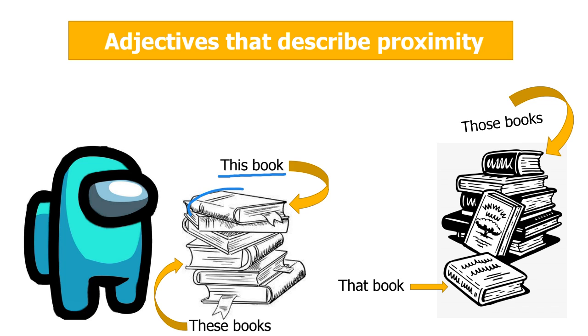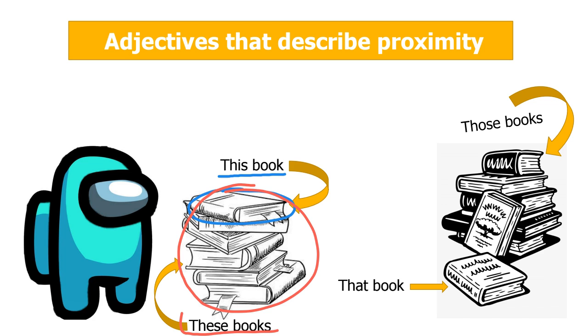If I wanted to specifically talk about this book that's really close to where I'm standing, I would say this book in English. If I wanted to talk about all of these books that are really close to me in English, I would say these books, right? And so you would know which books that I'm talking about. I'm talking about these that are close to me, not these that are far away over here.